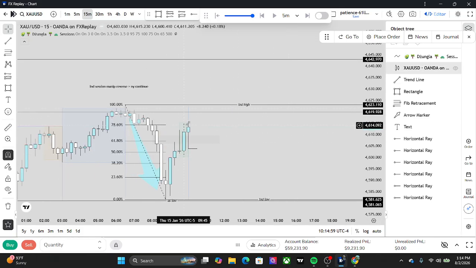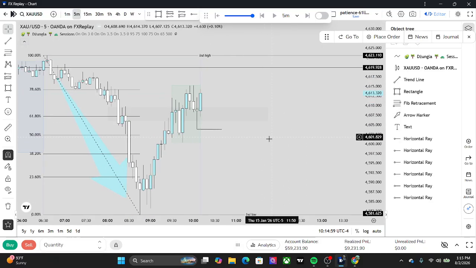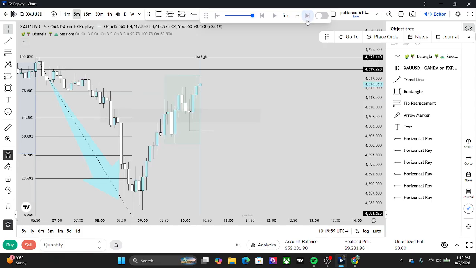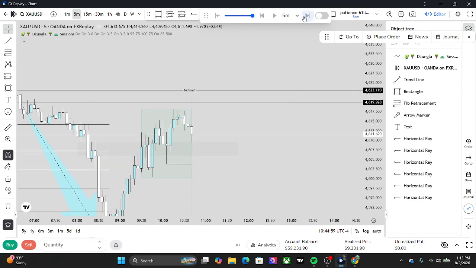So we could just be retracing for a move lower, but I think I might want to see some actual 15-minute bearish structure instead of just on the 5-minute. I need some bigger confirmation because right now we're just bull running all the way up. It's not looking good for a short right now.